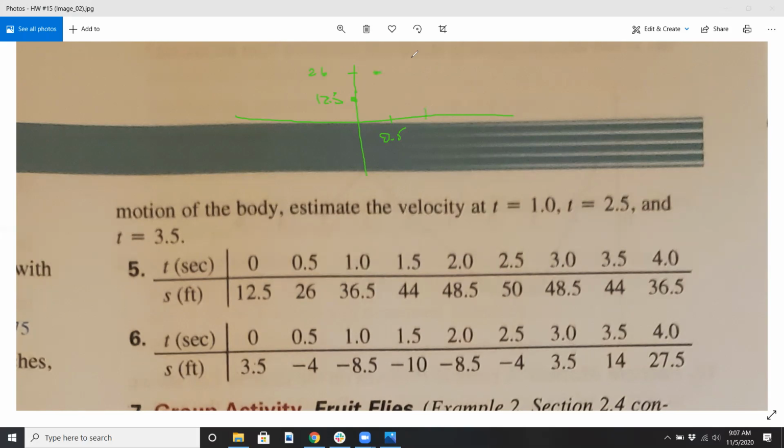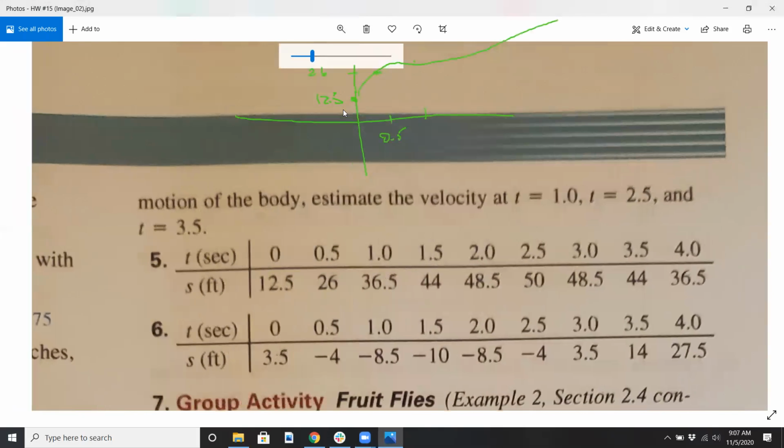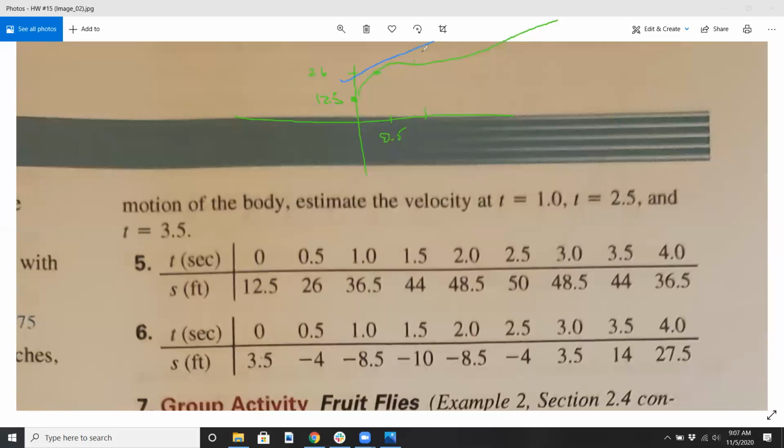One, 36.5. So you're getting a curve that kind of keeps increasing, I guess. I obviously didn't leave myself enough room there. And then you're asked to estimate the velocity. So you're just simply going to draw a tangent line and ask, what's the slope of that line? So that's kind of what you're doing.